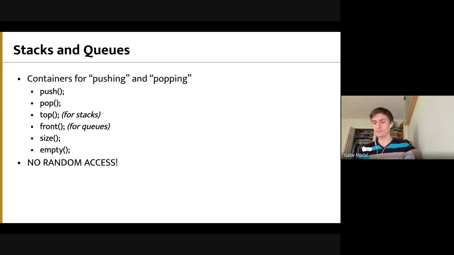They add a different functionality and are in a different class in that the interface of stacks and queues doesn't really support random access. We only want to access either the top of the stack or the front of the queue, depending on which data structure we're using.